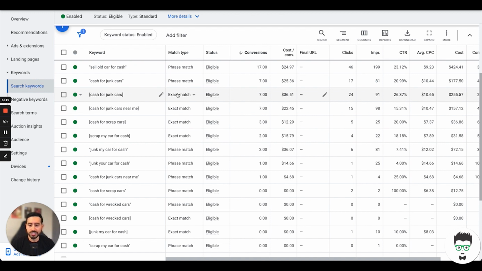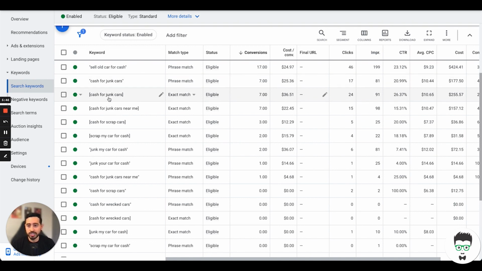And what this does is it tells Google, hey Google, anyone that searches cash for junk cars or anything related to that in a phrase match format, then it essentially is going to drive in those appropriate leads. So if it's like cash for junk cars in my location, cash for junk cars near XYZ, this phrase match keyword will pick that up.